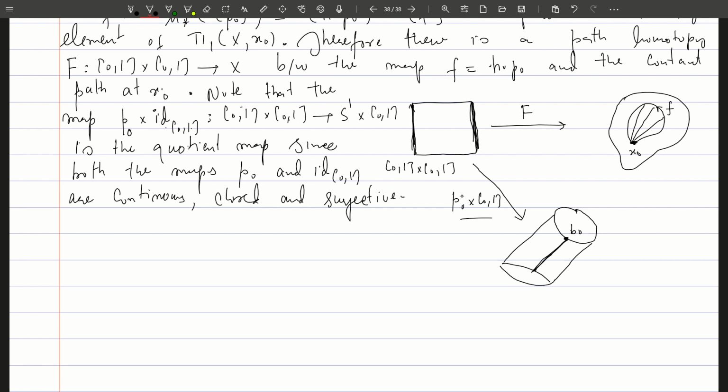Now one can note that this map sends these points to this line. These points are the set S1 cross the point 0, and this is the set S1 cross the point 1, and this line over here is the set S1 cross the point b naught. So one can note that this map sends these two lines to this line, and otherwise it is injective.